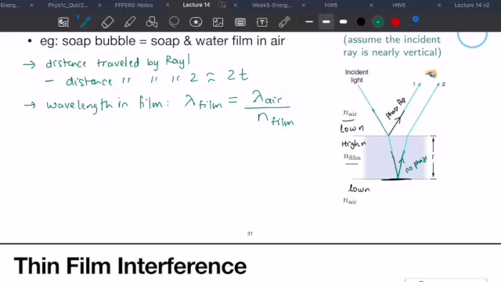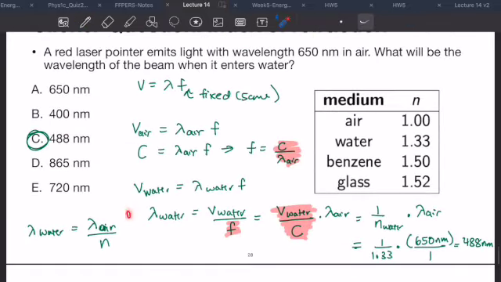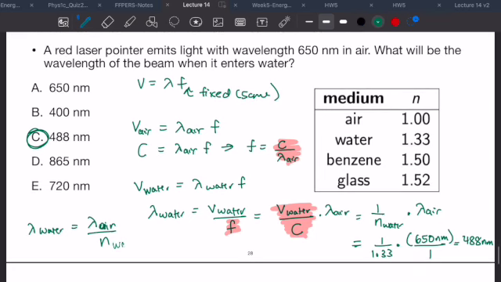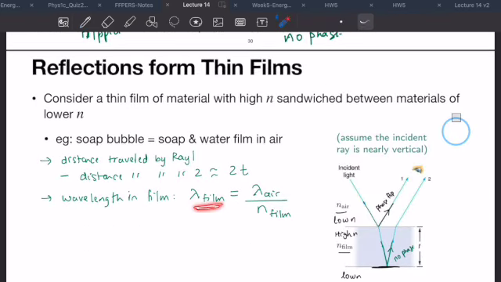So if you're like, hey, where did this come from? We just derived that while doing this example where we showed that wavelength inside of water was wavelength in air divided by n of water. Similarly, wavelength in some soapy water film is equal to wavelength in air divided by the index of refraction of that soapy water film. Next, let's account for all the flips.